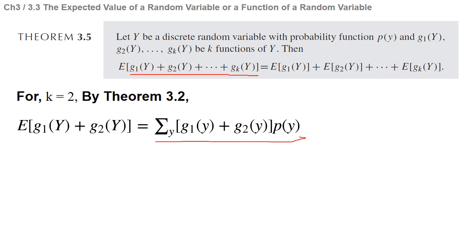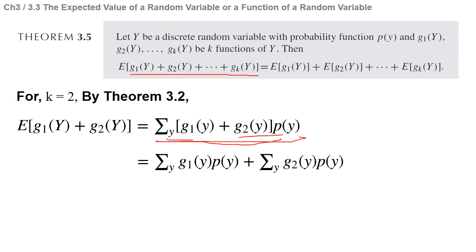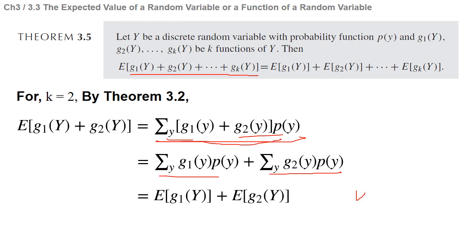We can express this way, and from here we can divide these two summations, so it can be divided this way, and each of the summations can be expressed as an expected value term. So this holds for k equals 2, and you can extend this to an arbitrary k by yourself.